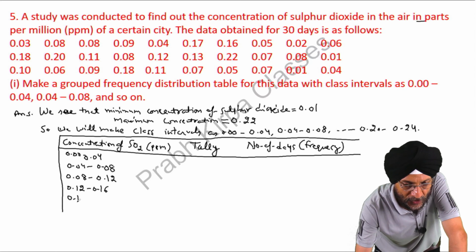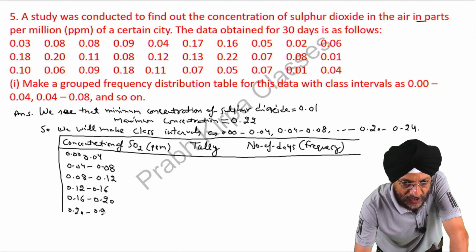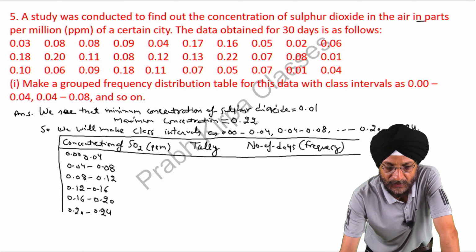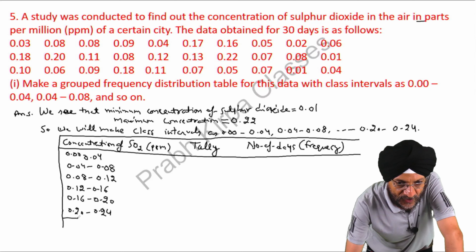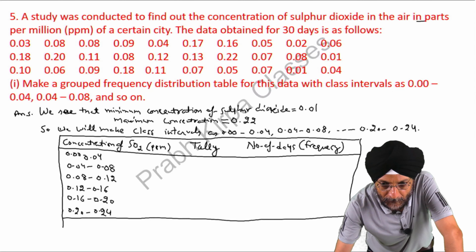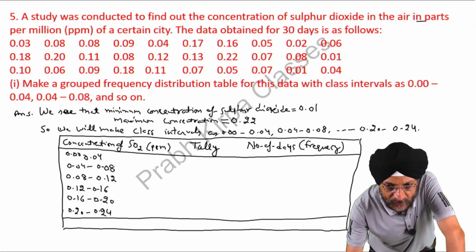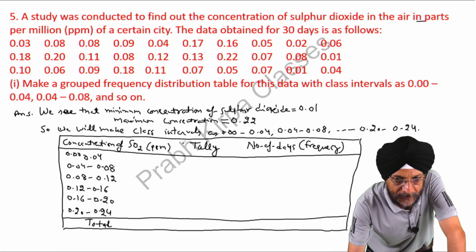Next will start from 0.16 to 0.20. Next will be 0.20 to 0.24. We will form the table up to 0.24 so that the maximum concentration of sulfur dioxide is covered within this table. So this will be the table. We will also have to make the total for how many days we have counted.